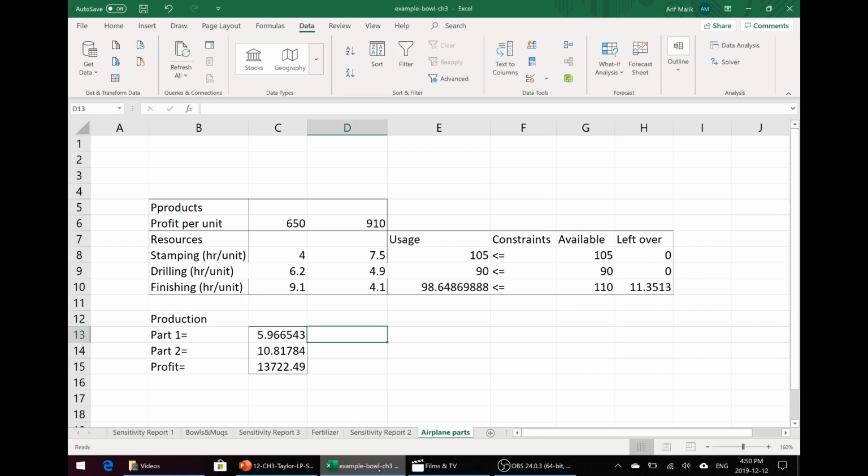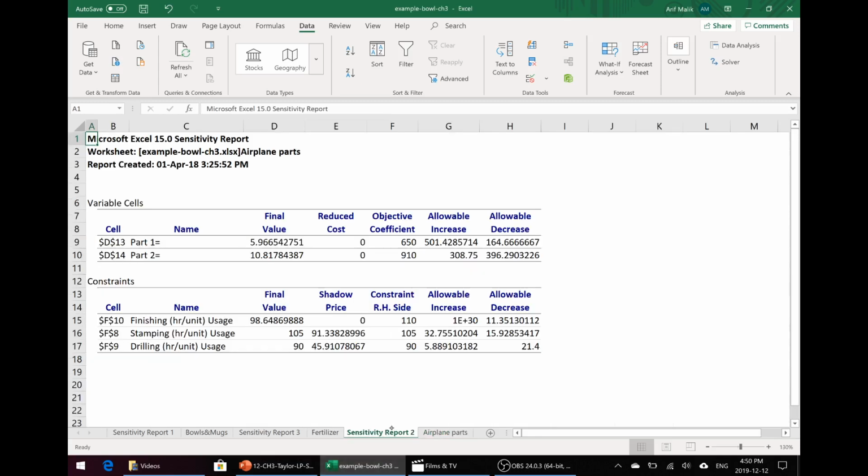This is the formulation here, and the sensitivity report is there. Here we can see that the shadow price of the finishing constraint is 0, and these two have these shadow prices, and the range of stamping, we established this range.